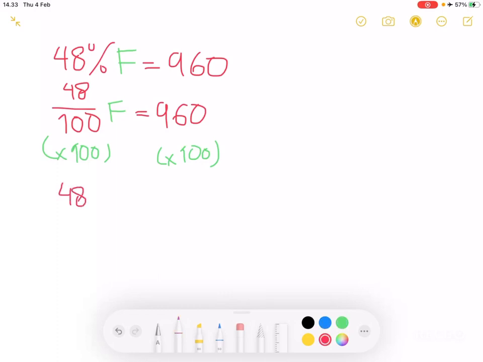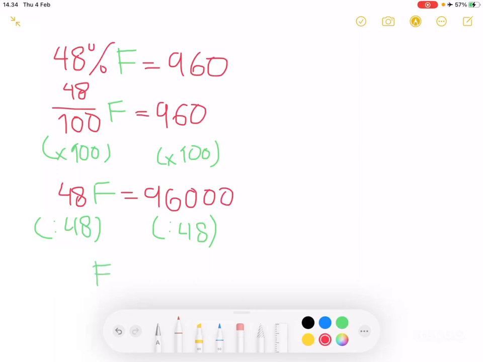We're left with 48 times F is equal to 96,000. And then divide both sides by 48, of course. So we're left with our final answer. After calculating this, you will get that F is 2000. There we go.